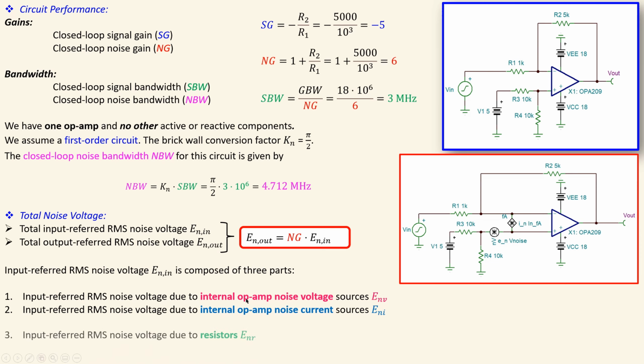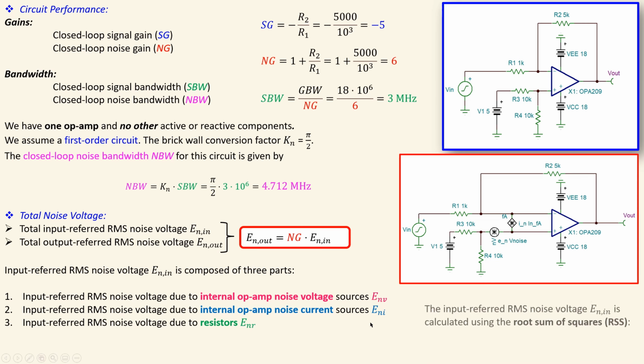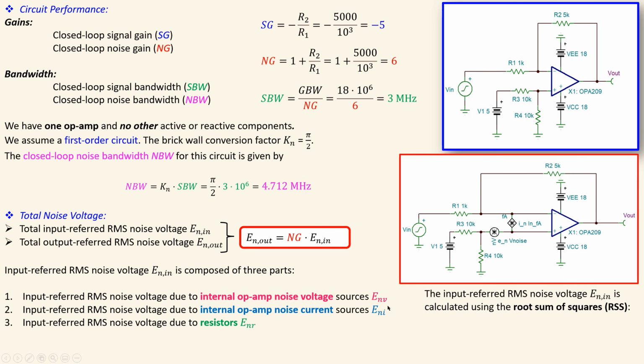And we have the input referred RMS noise voltage due to the resistors, and that will be the effect of these 4 resistors, which is just the thermal noise voltage. Now, if you combine these and you would like to know what the effective input referred RMS noise voltage for this circuit is, then you will use the root sum of squares for these three parts.